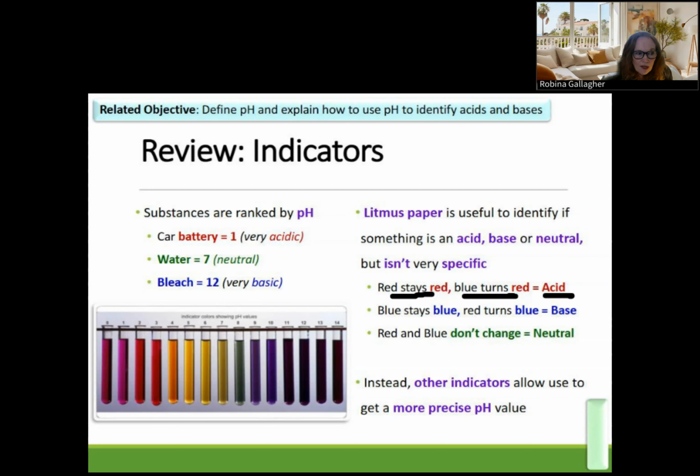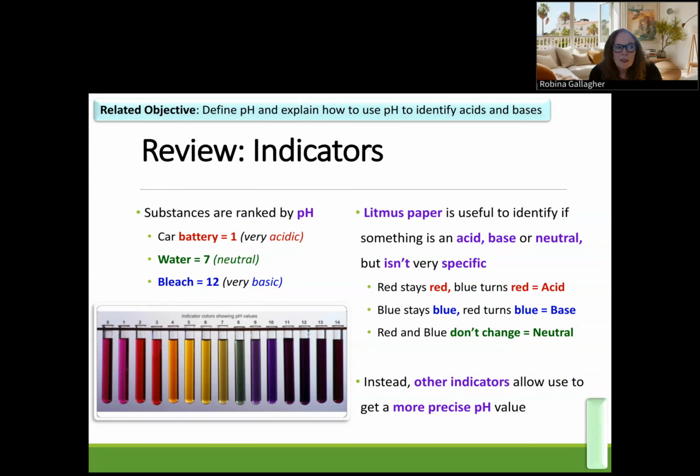If blue stays blue and red turns blue, then it's a base. If the litmus papers don't change colors, red stays red, blue stays blue, then it's neutral. But there are other indicators that give us very specific pHs.